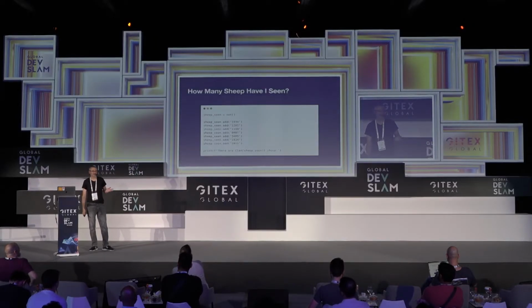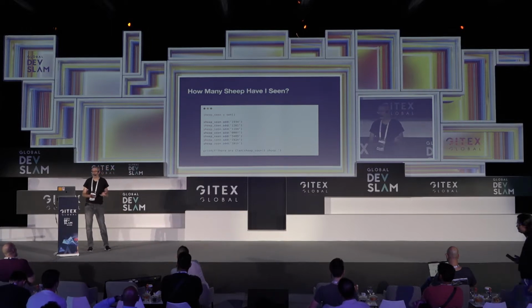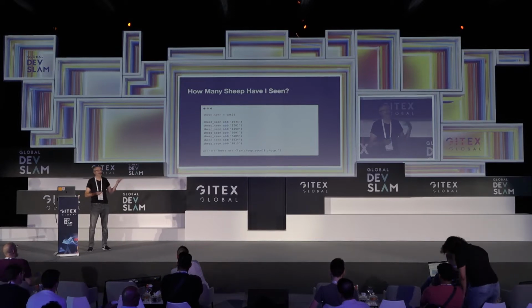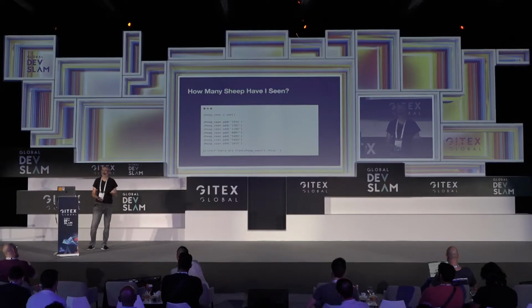So this is a Python conference, so we're going to look at this in Python. And in Python, one way we could determine how many distinct things we've seen is using a set, which is a built-in data structure. So it's fairly easy. We just declare a set. We add a load of unique things to it. It behaves like a mathematical set, so it will deduplicate those things.